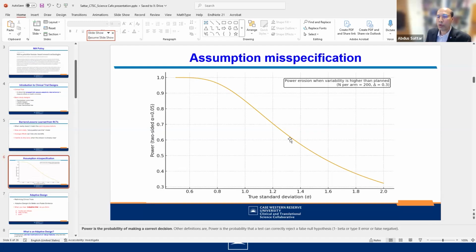So this is an example. There are many aspects of trials that can be misspecified, and it can have implications in making an inference. So what should we do to address these types of issues?